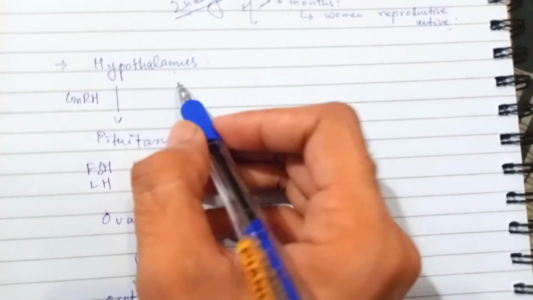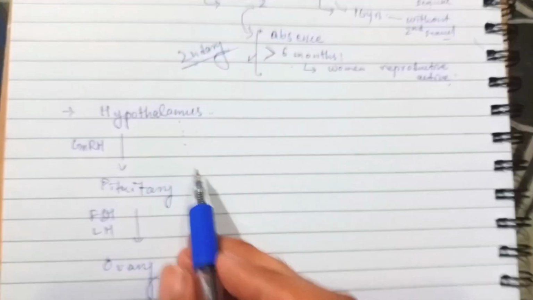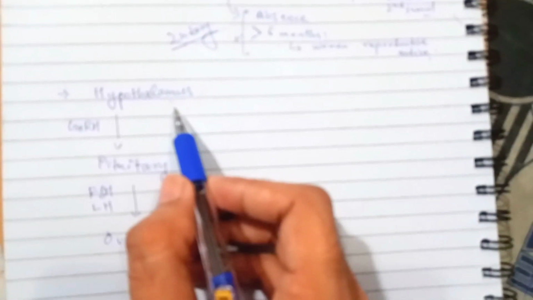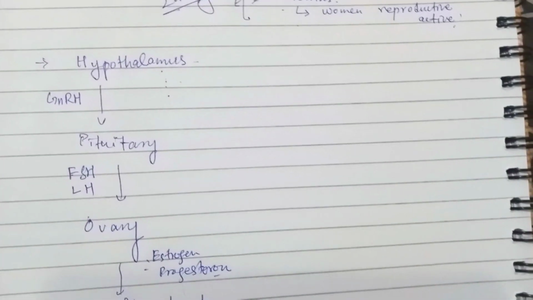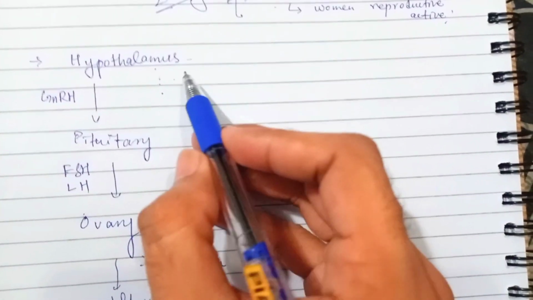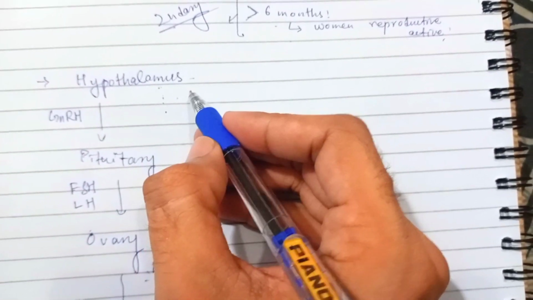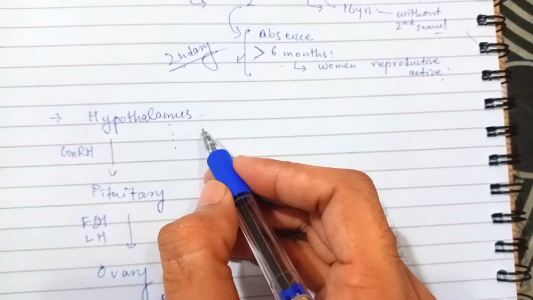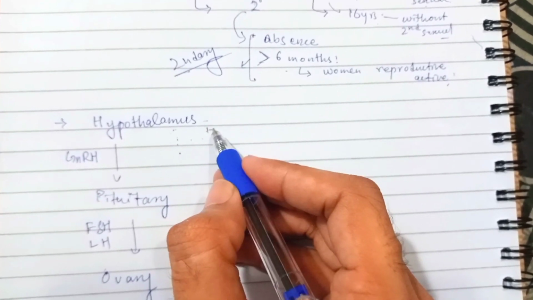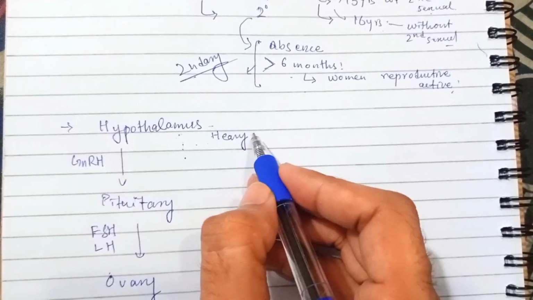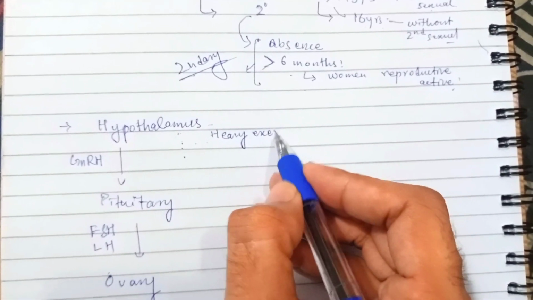Number one, if there is a hypothalamic disorder that leads to the absence of menstruation, we should know about the factors that affect the hypothalamus. Number one, does she work in a condition where she has to do heavy exercise?